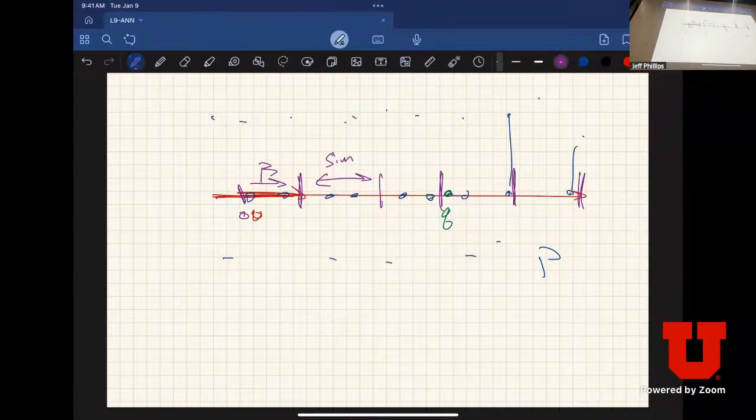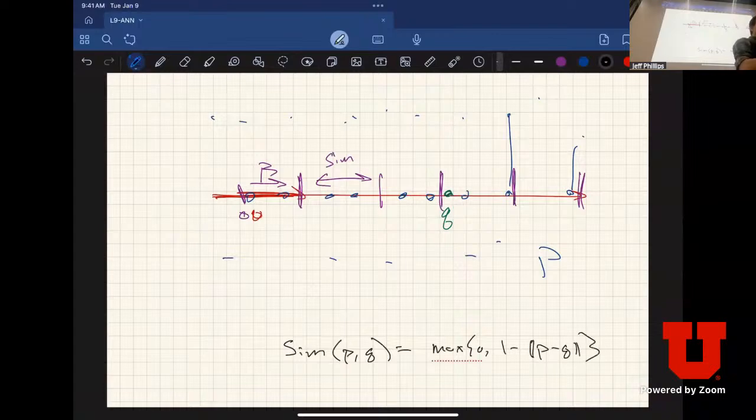Where we want to look at the triangle similarity, which was basically measuring, remember, the similarity between P and Q was max of 0 and 1 minus the distance between P and Q, right? I could write this as, for Q, there's some triangle, it's 1 minus the distance, as long as it's here.